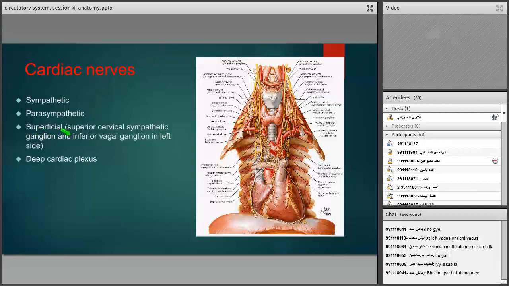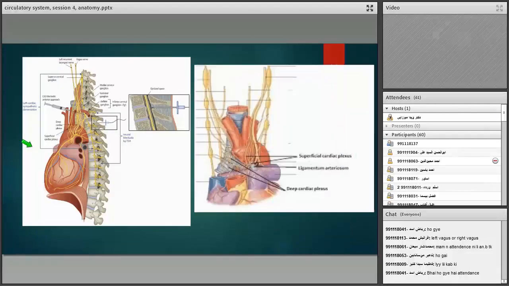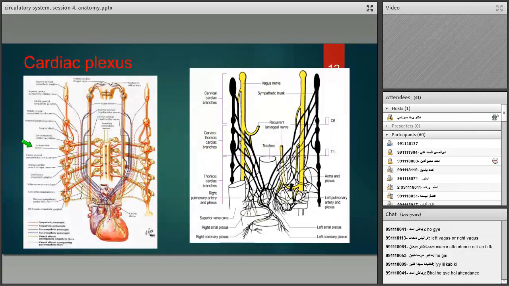Okay, so here we can see these branches which are forming the superficial and deep plexus of the heart, and pay attention that the functions of these 2 plexuses are together, not separated from each other. Just because of their position, we call them superficial and deep.